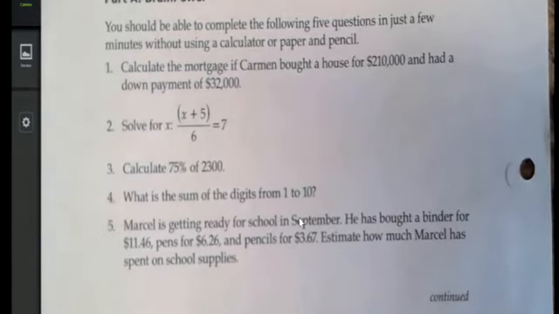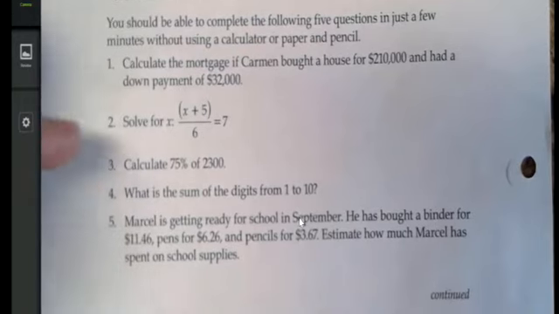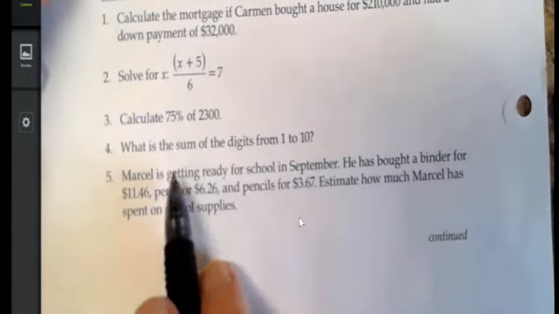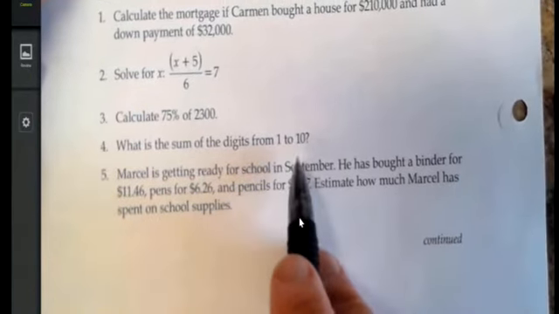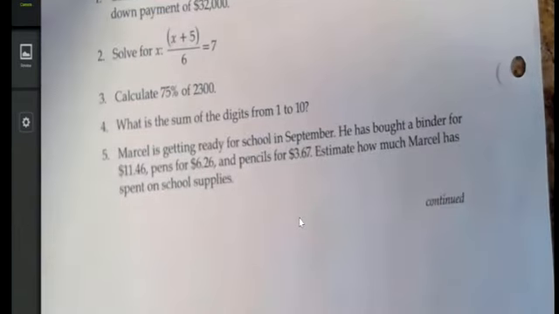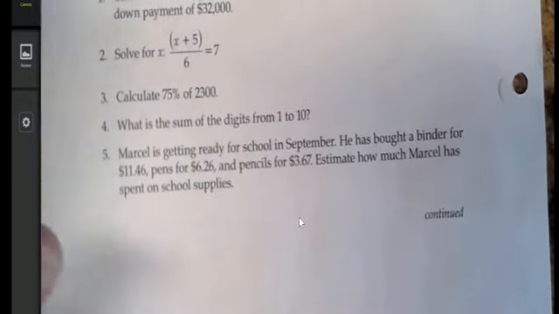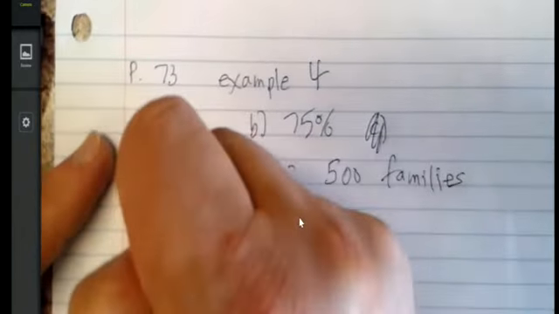Solve for x: x plus 5, divided by 6, equals 7. That's the number. 75% of 2,300. What is the sum of the digits from 1 to 10? Marcel is getting ready for school in September. He has bought a binder, pens, pencils. Estimate how much he has spent on school supplies. All right. Brain power, page 76.